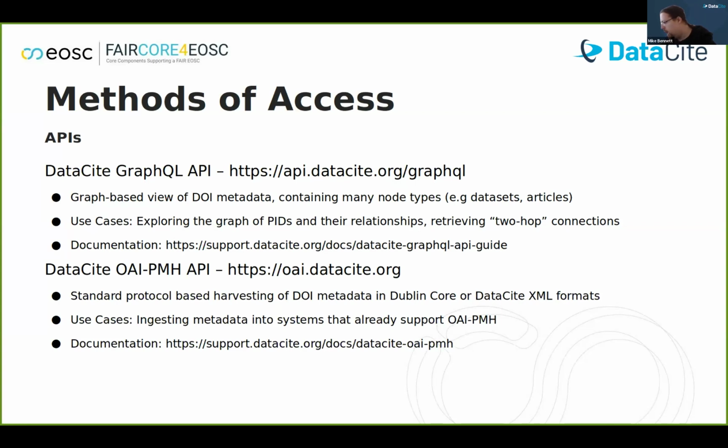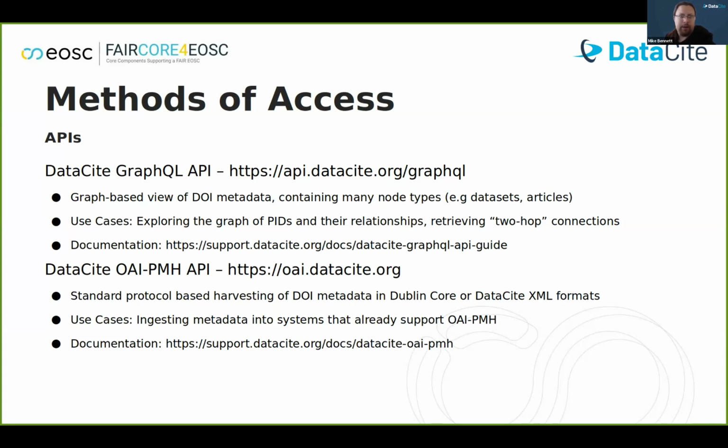So for every type that we have in the DataCite metadata schema for the type that a DOI can be, so dataset, article, instrument, book chapter, etc., these exist as node types within the GraphQL API, so you can easily query the graph. You say, okay, I'm just interested in data sets.